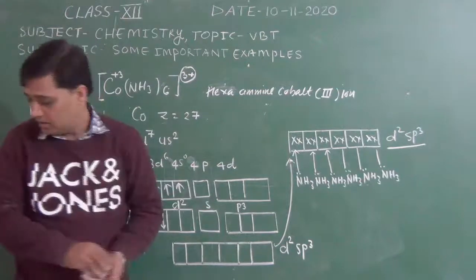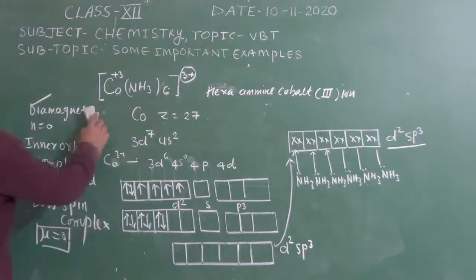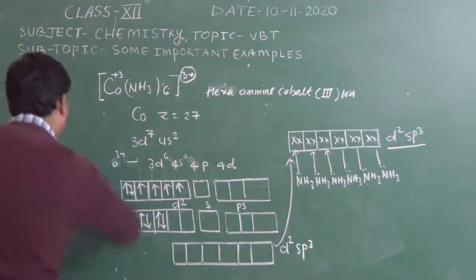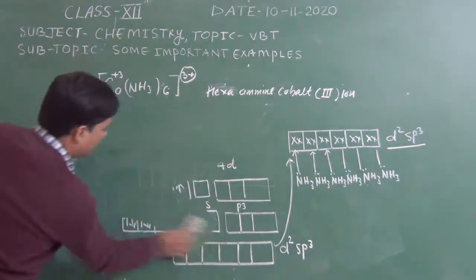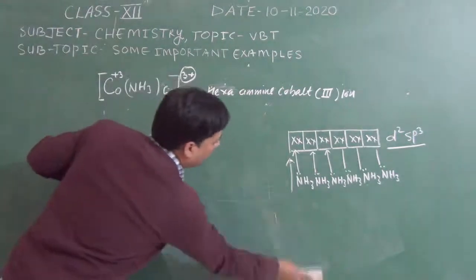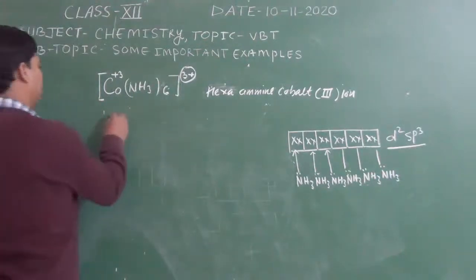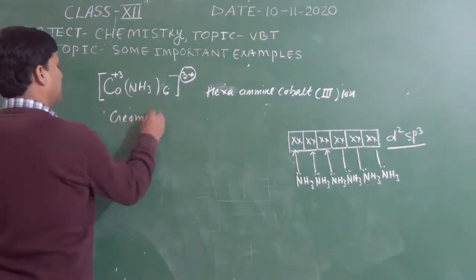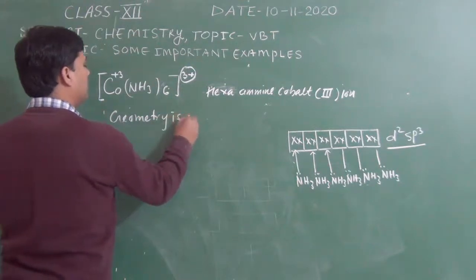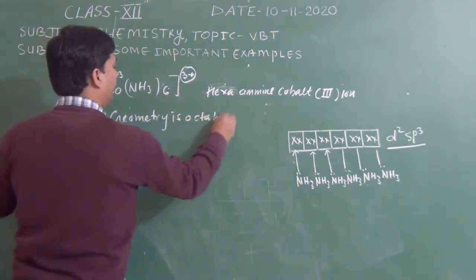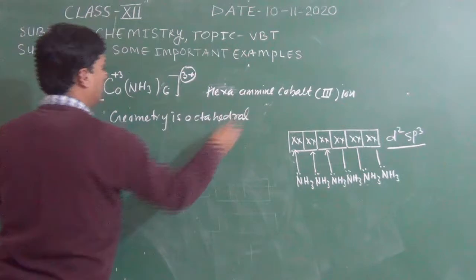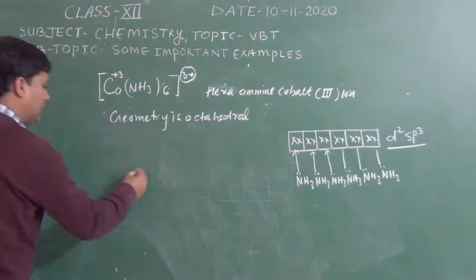Then next is how we can draw the geometry or shape of this particular compound. In d2sp3 the geometry is octahedral. It is also known as square bipyramidal.